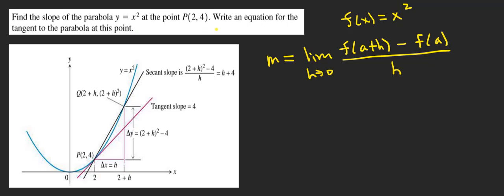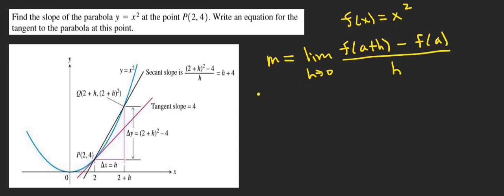Now let's take a look at this example here. They want you to find the equation of this tangent line at 2, 4. So what we need to do is find the slope of the tangent at 2, 4.